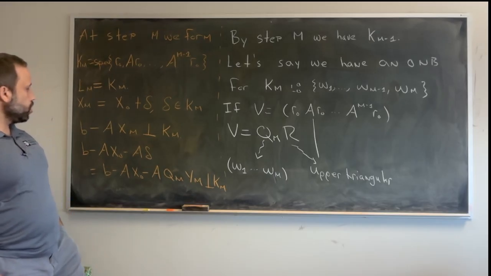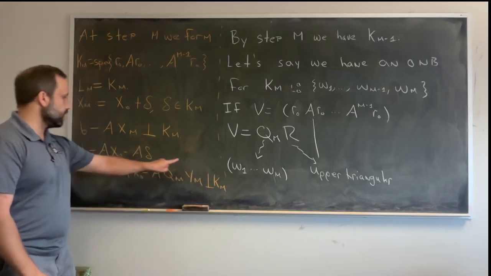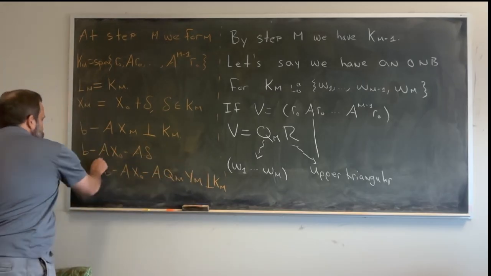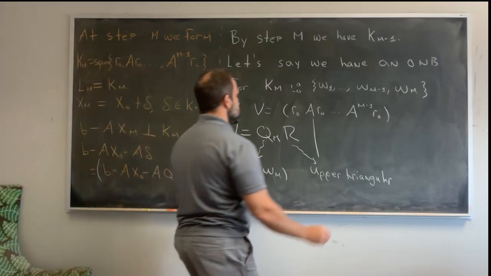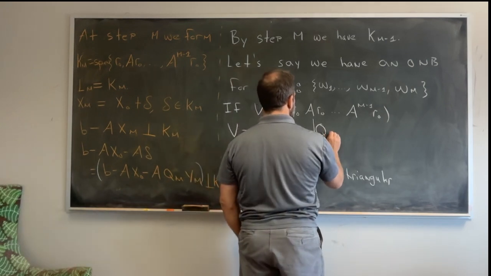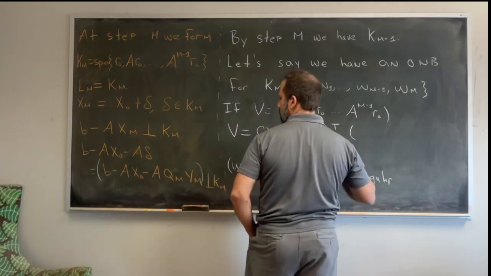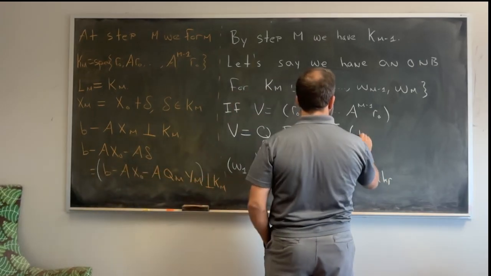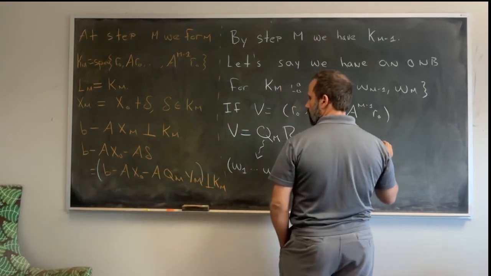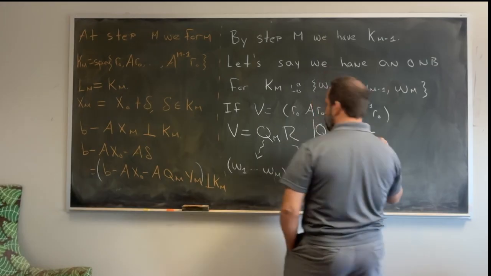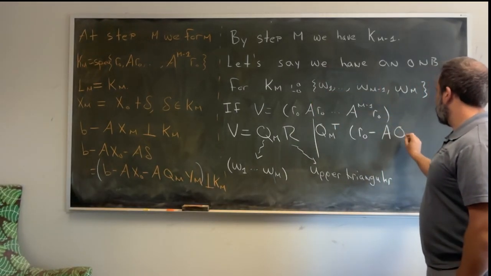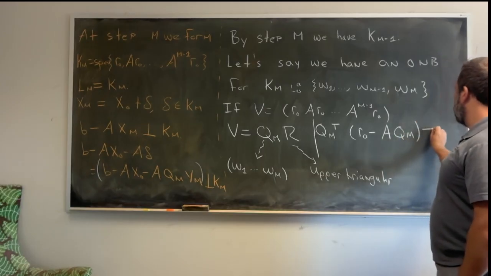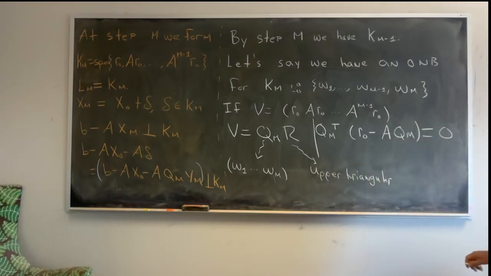Okay, so what this means, if we look down here, we want this vector that I'm putting in parentheses to be perpendicular, or orthogonal, to Km. So what this means is we want Qm transpose times b minus A x naught, that's r naught, minus A Qm Ym, to be equal to 0.